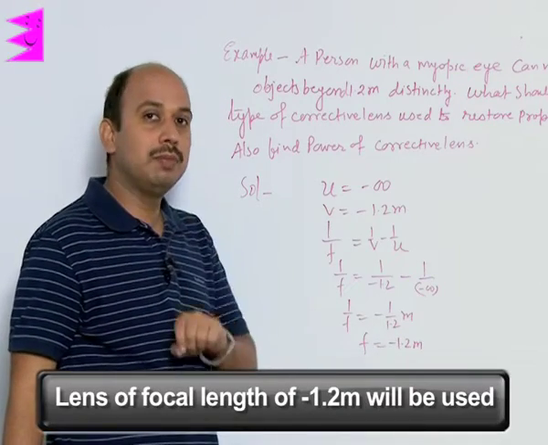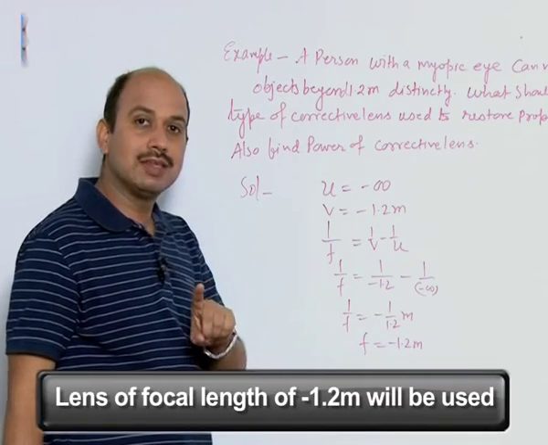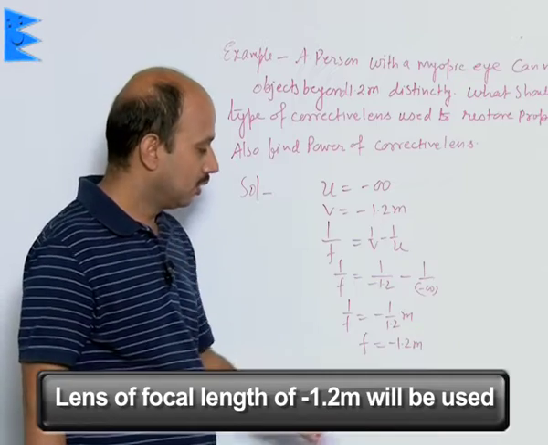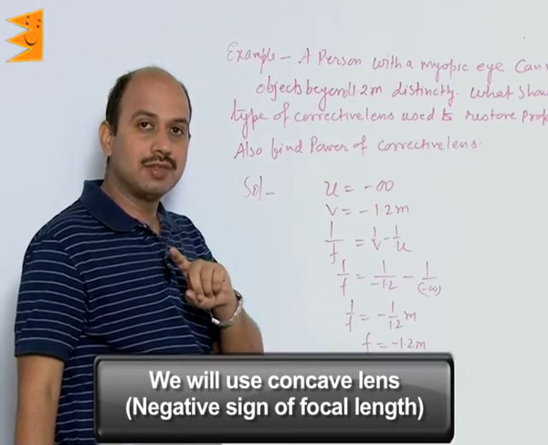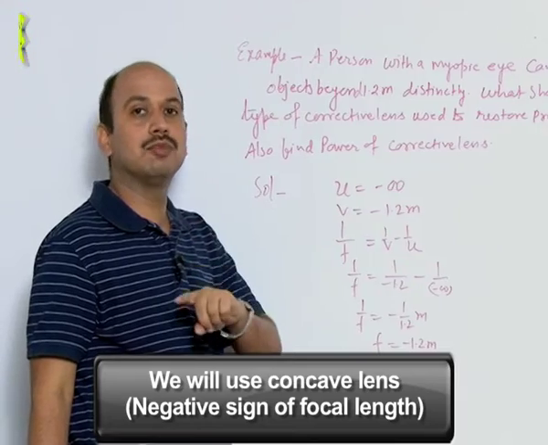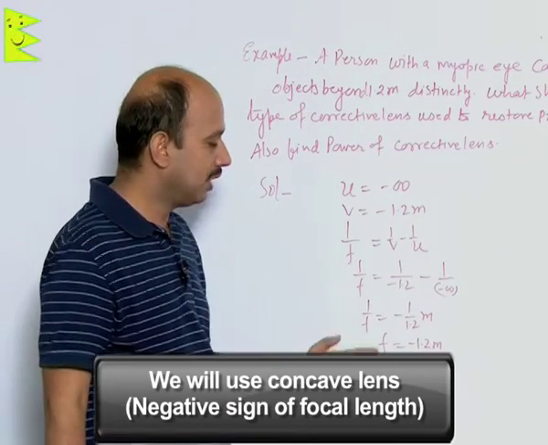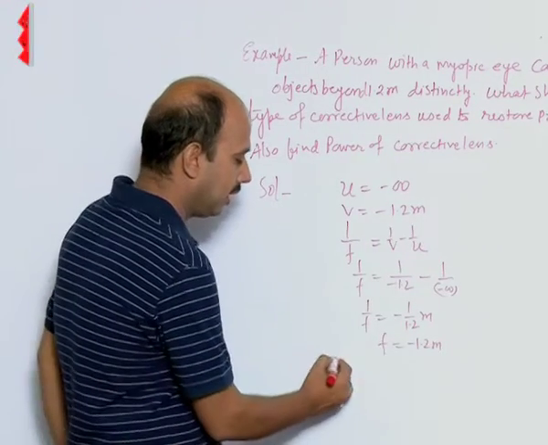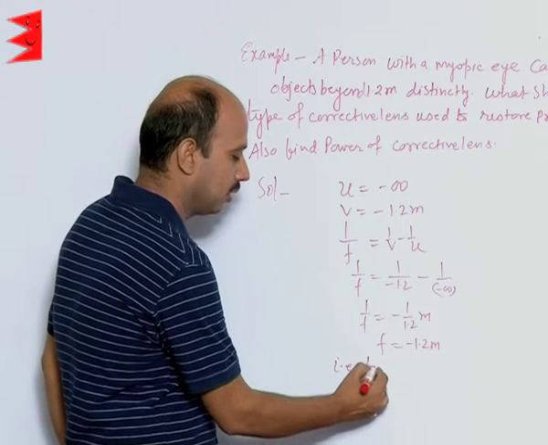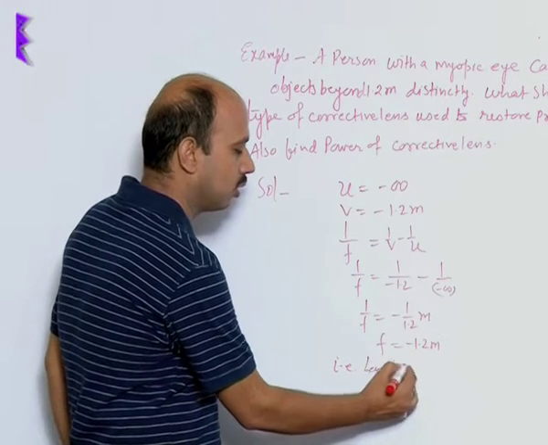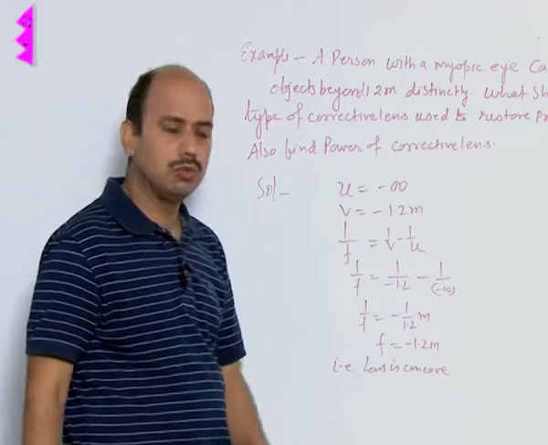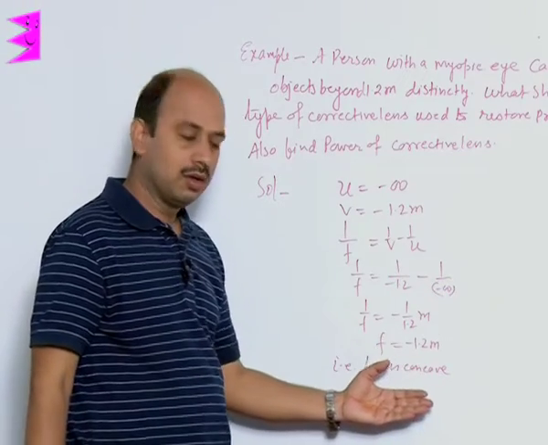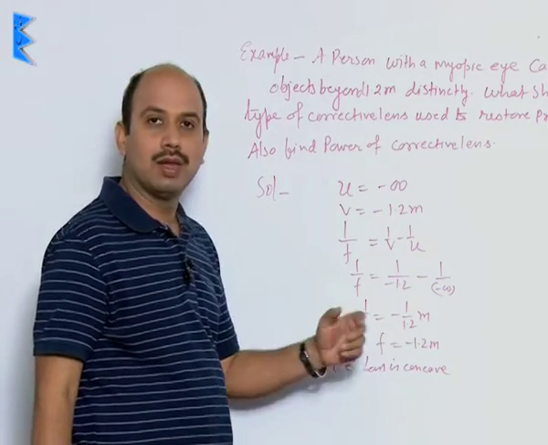So, the lens we will be using has focal length minus 1.2 meter and the sign is negative. We have seen that a negative sign for focal length comes for a concave lens. So, obviously, the lens is concave. So, the corrective lens is here concave. Now, we can calculate its power since we have got the focal length.